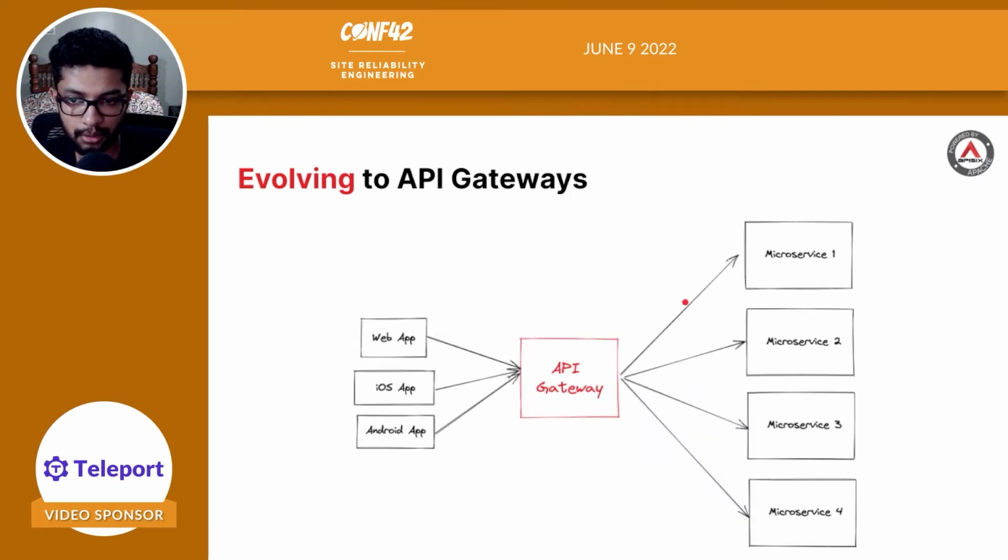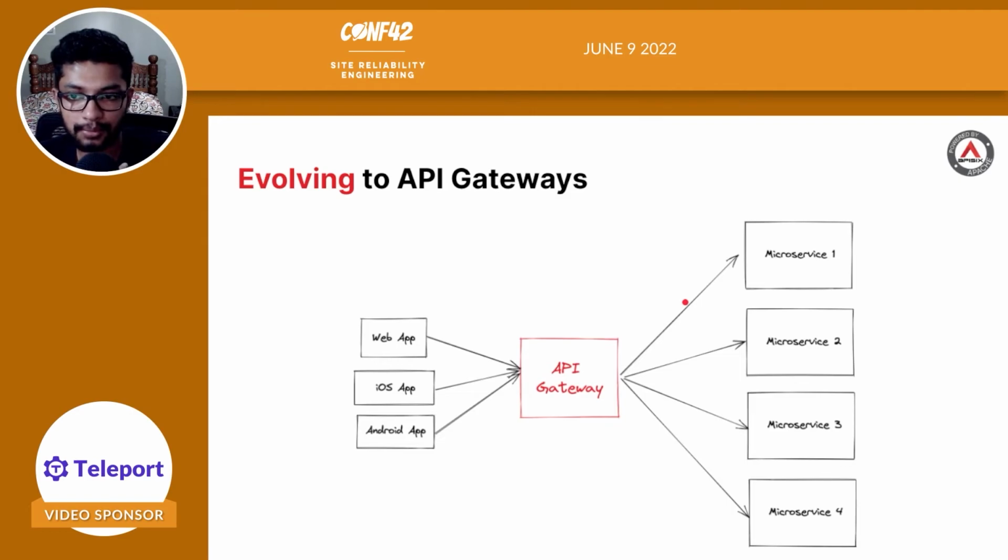An API gateway acts as a common entry point for all of your traffic, and it has some configurations, and based on that configuration it routes the traffic back to your backend, back to your services. So an API gateway in essence abstracts out all the configuration you need on your APIs.